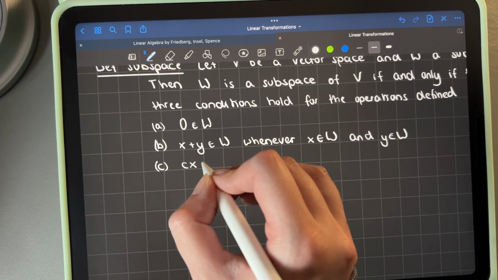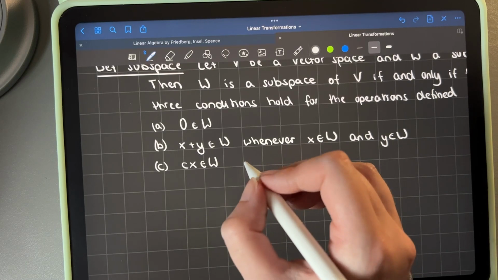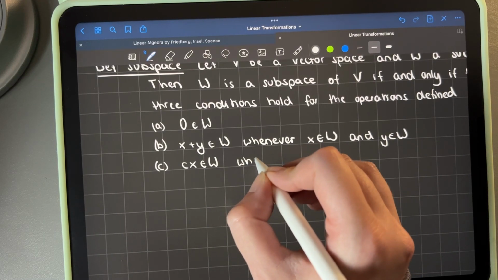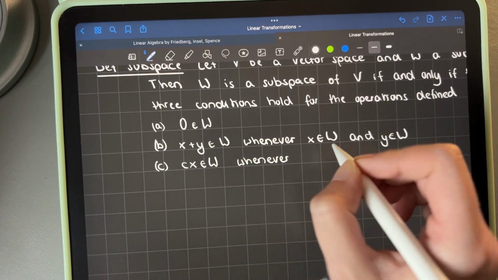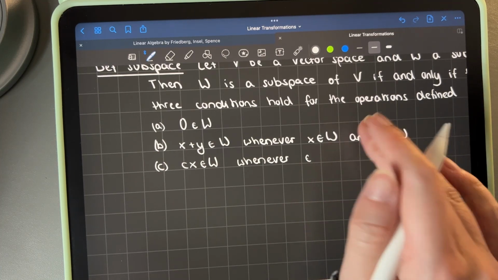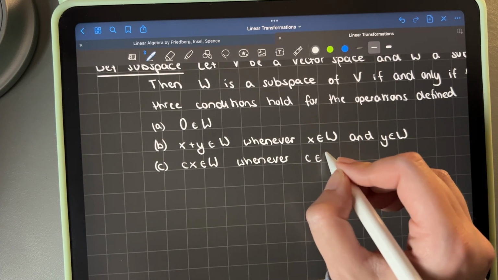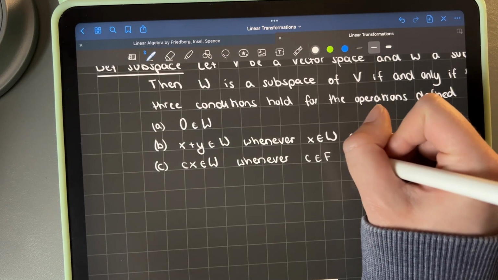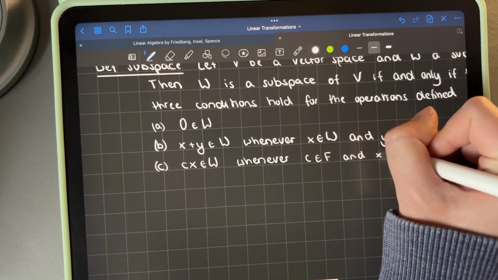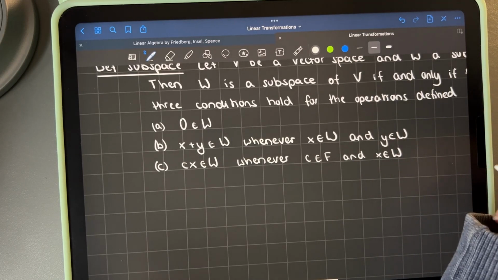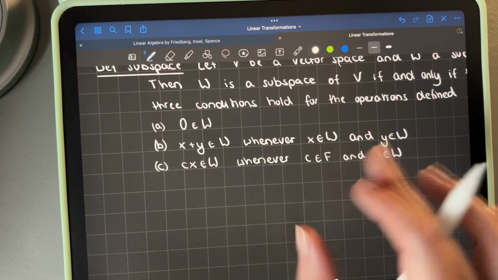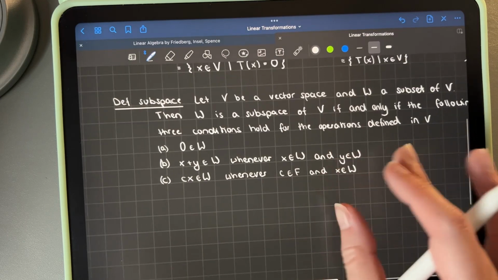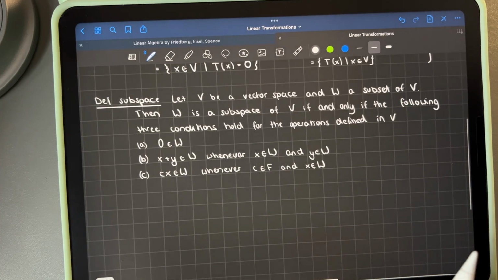And also c x needs to be in W whenever c is in F, so the scalar in the field, and x is in W. So that's closed under scalar multiplication.